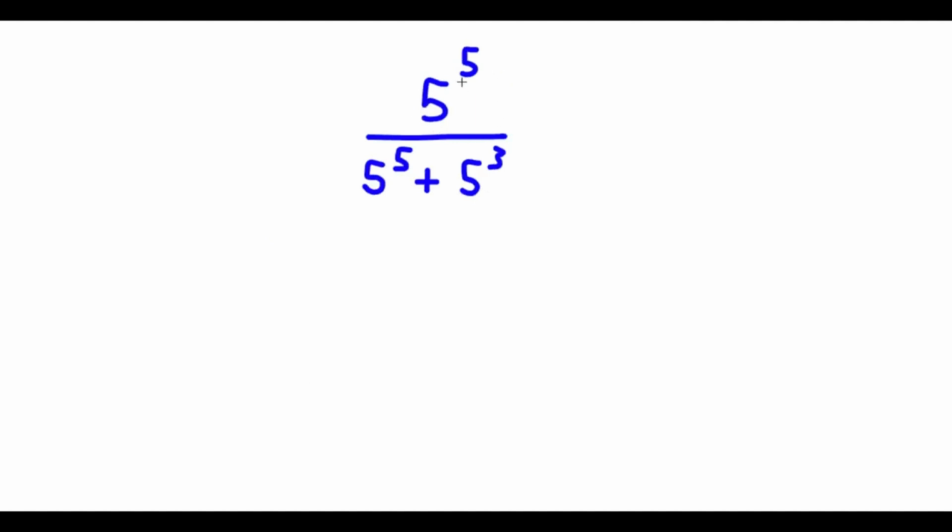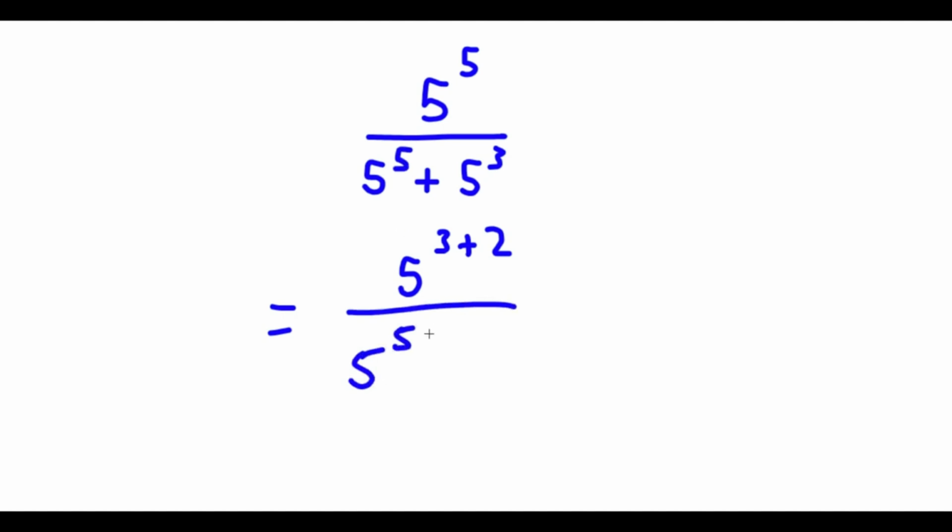All right, so I have 5 to the power of 5 over 5 to the power of 5 plus 5 to the power of 3. Now, 5, this is the same thing as 3 plus 2. So I'm going to replace the exponent 5 with 3 plus 2, same for the 5 in our denominator.